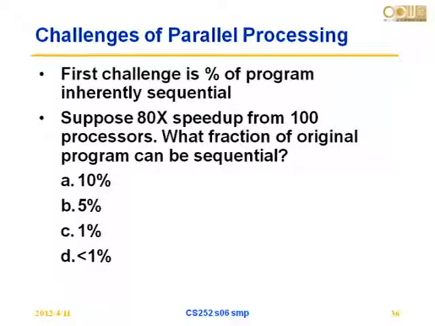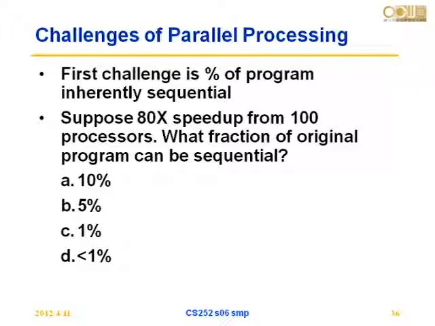Challenges of parallel processing. The first challenge is that a program is inherently sequential. If you have a program and you want to get 80 times speedup from 100 processors, then what fraction of the original program can be sequential? 80 times speedup means the sequential part can be no more than 1 point something percent. Your sequential execution time divided by 80 is already 1 point something percent.